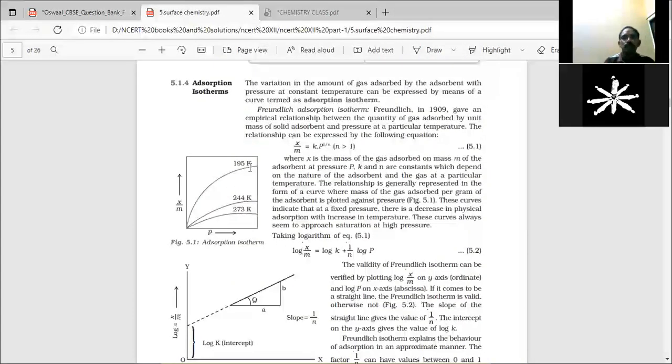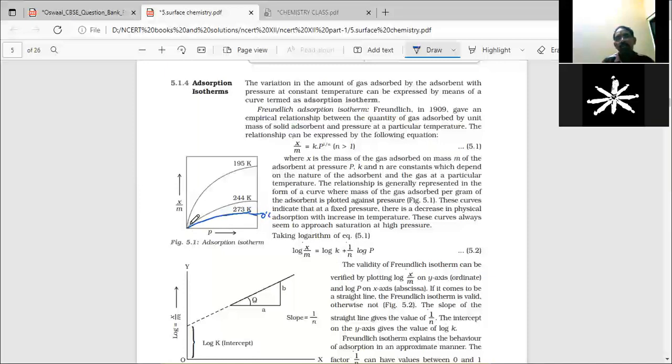This is the Freundlich adsorption isotherm. He observed the x by m value at pressure P, at temperature 273 kelvin, that means 0 degrees Celsius. He took one gas and increased the pressure, so x, the amount of gas adsorbed, increased. After a certain point, there is no change.